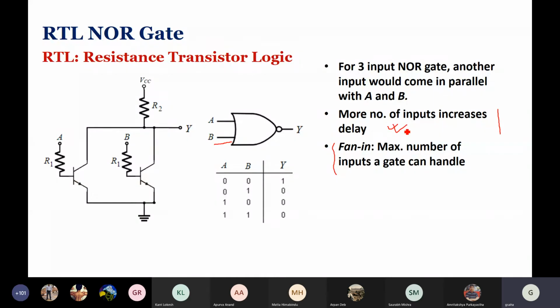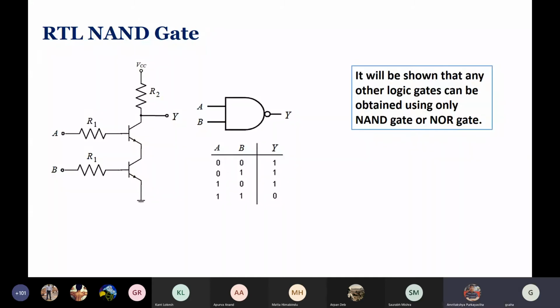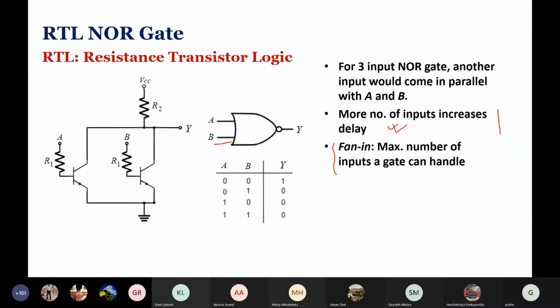Now, how does the circuit work? Sir, can you again explain the cause for fan-in? Your voice got cut off for a few seconds. Fan-in will deteriorate some performance metric, like the delay associated with the switching, and if it goes above a certain value, then the customer might not be interested in using this kind of product.